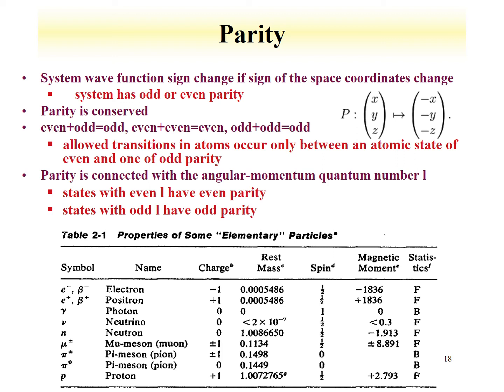And that is called positive or negative parity. You can think of parity as just another term to describe the behavior of the quantum mechanical state of the system you're exploring. Parity has to be conserved, so there are certain trends: even and even give even, odd and odd give even, and even and odd give odd.